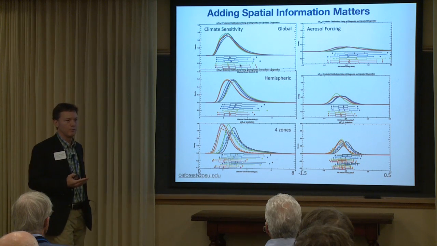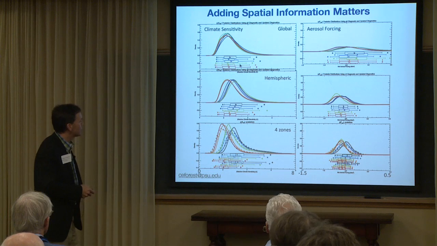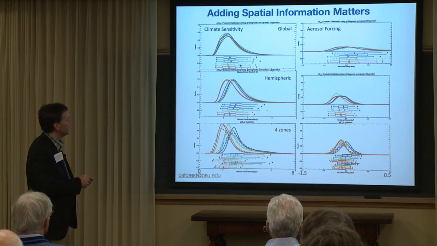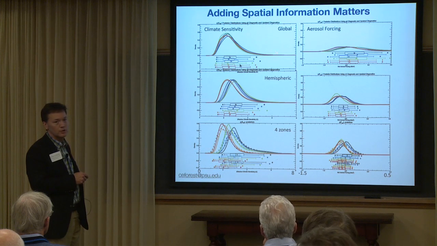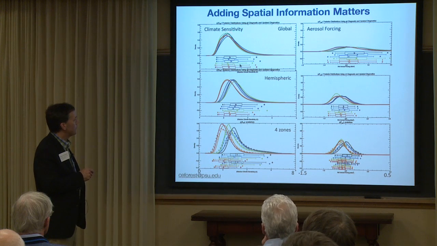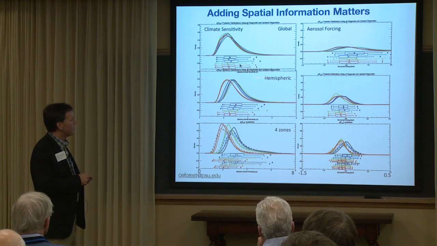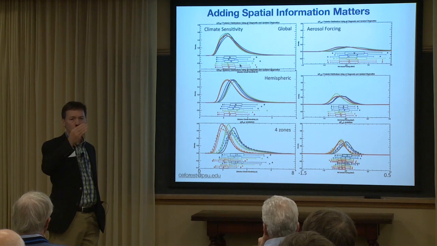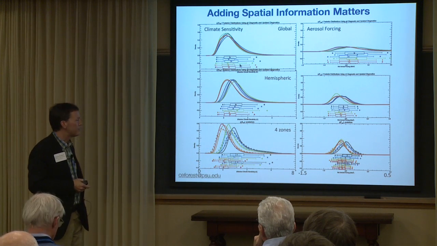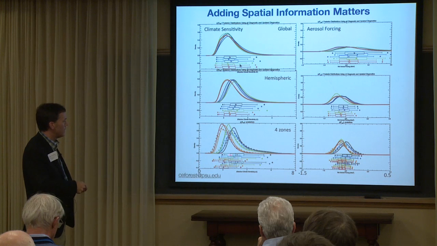I know I have less than 1 minute left. And so climate sensitivity here, if I take just global information and take all of these other observational uncertainties, include it, I get this value up here. If I take hemispheric data, climate sensitivity starts to shift to a higher value. If I use zonal data, which includes the difference between the pole and the equator, and this polar amplification factor, I wind up down in this picture here.